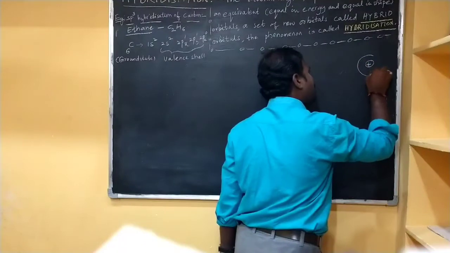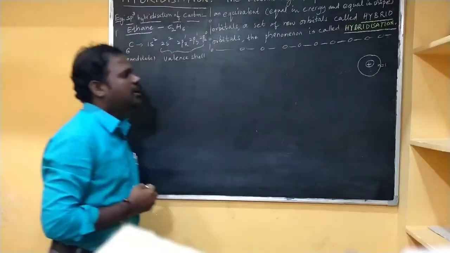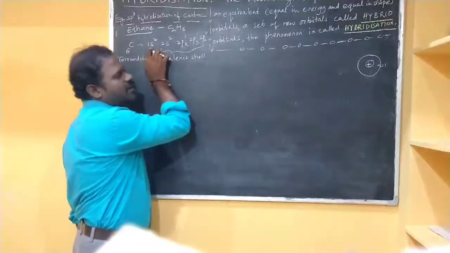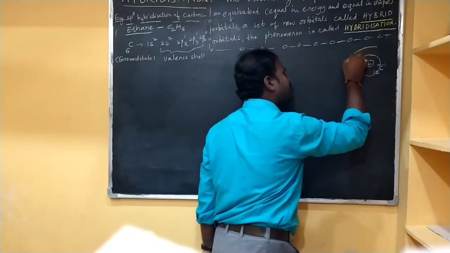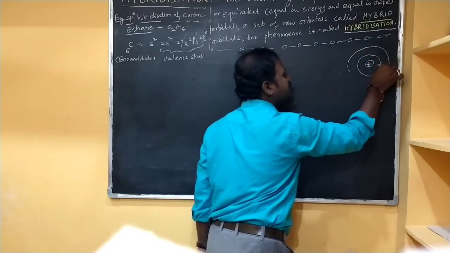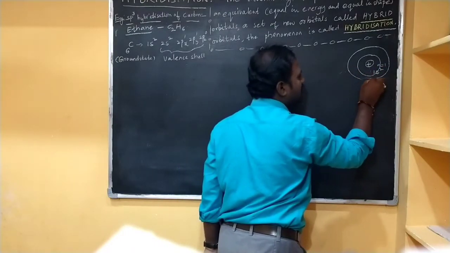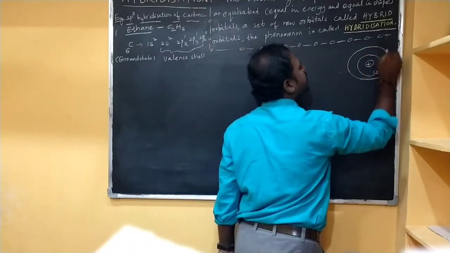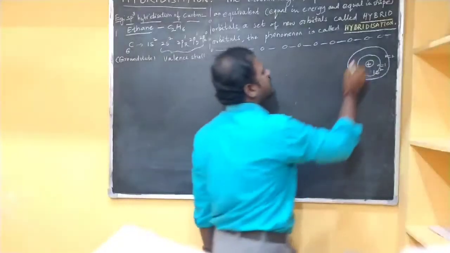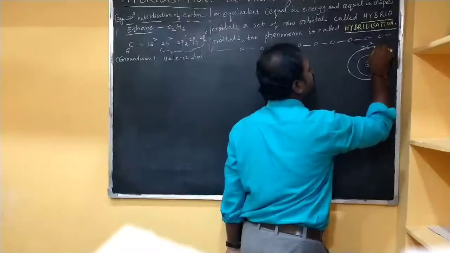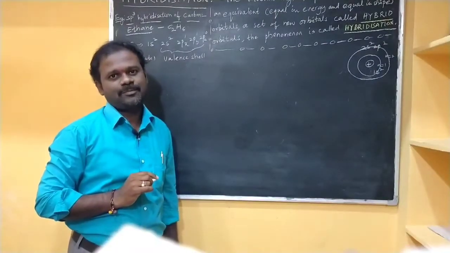The first orbit is n equal to 1, with configuration 1s2. The second orbit has principal quantum number n equal to 2, with 2s2, 2p2 as the valence electronic configuration.